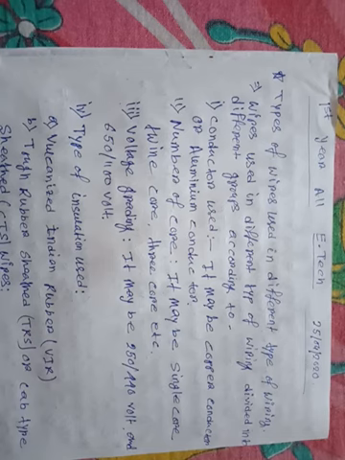Number four, type of insulation used. Different types of insulation are used on the conductor. The insulation is the most important part of the electrical system. Option A is vulcanized Indian rubber insulated wire.